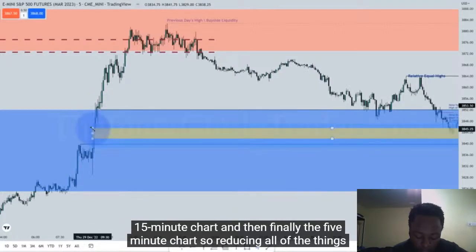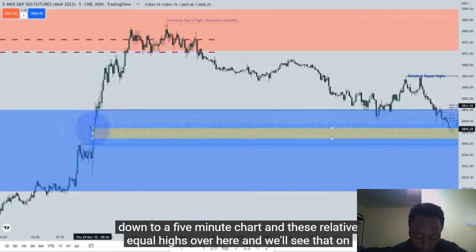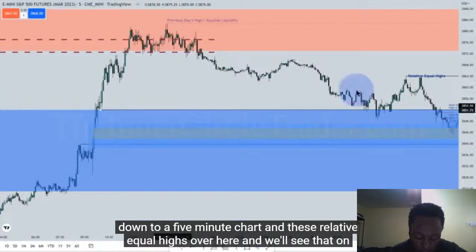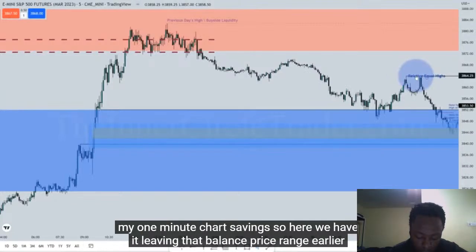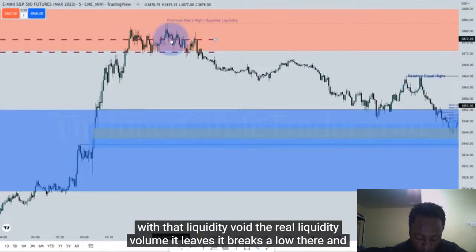So reducing all of the things down to a 5-minute chart, and these relative equal highs over here, we'll see that on a 1-minute chart. It'll align. If I move it here, it messes up the alignment I have for my 1-minute chart. So here we have it leaving that balanced price range earlier with that liquidity void, the real liquidity void.